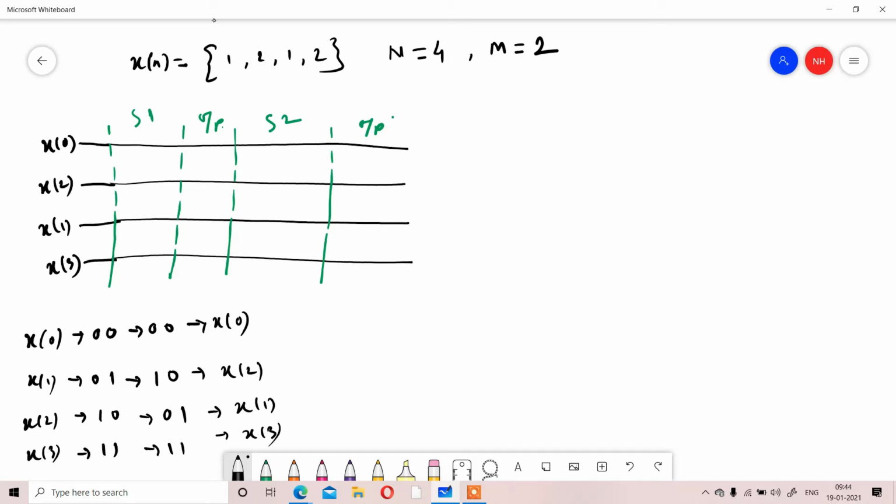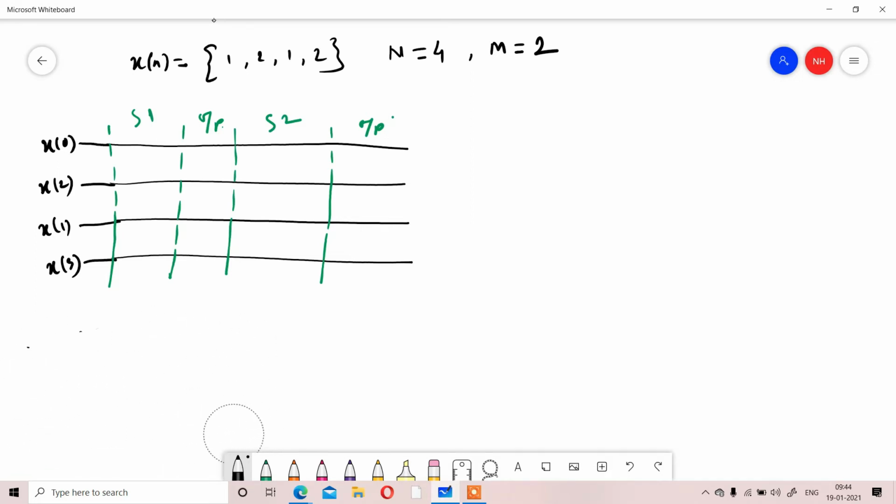Then the next step is you need to consider which bit will be connected to which. That will be considered by 2 to the power small m minus 1. So for stage 1, small m value is 1.